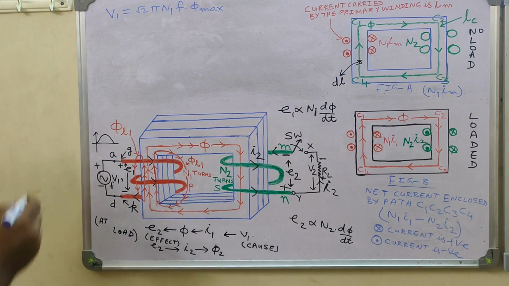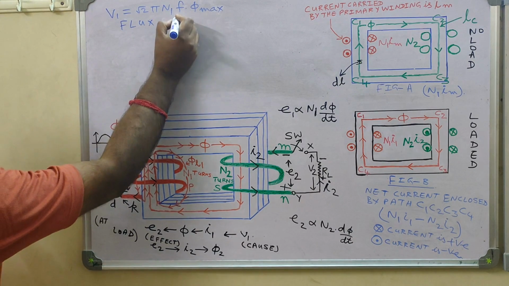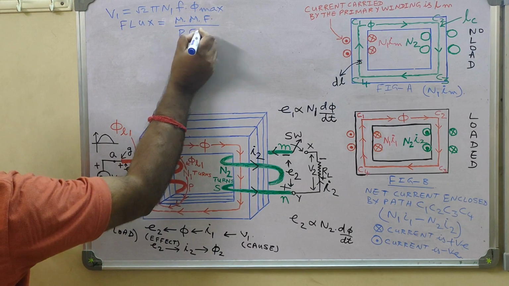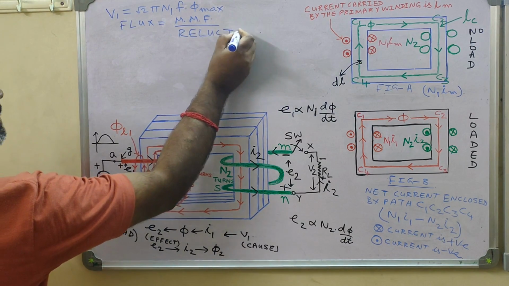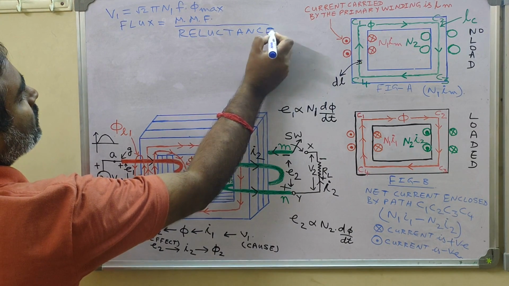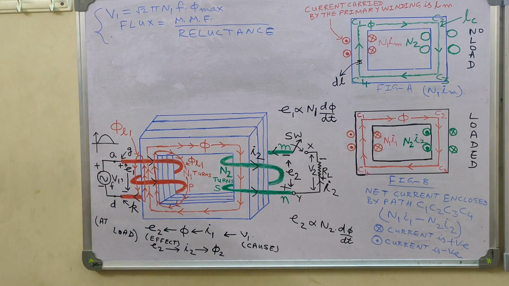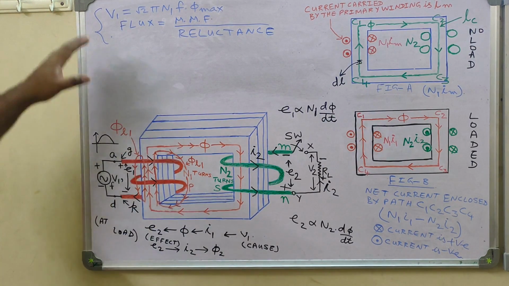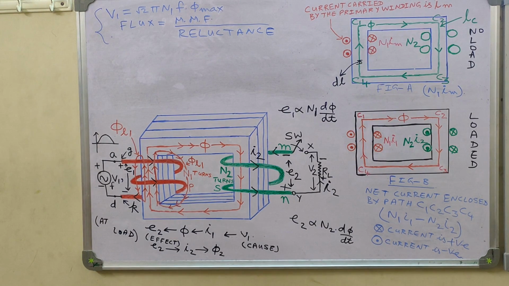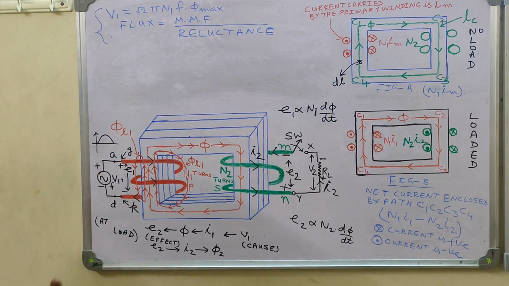We also know that flux is given by MMF divided by reluctance, isn't it? Why am I writing these two equations? Because we have to take these two equations together and keep both in mind when we conclude.